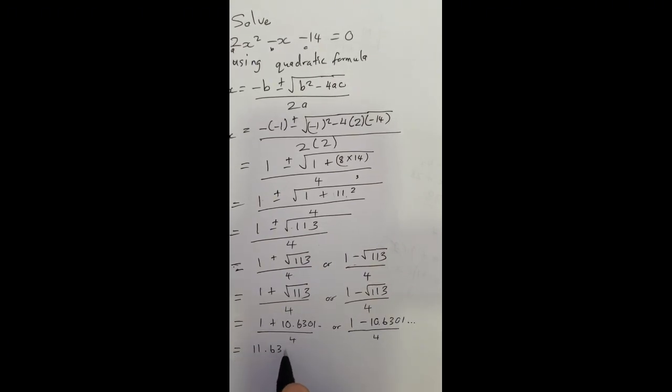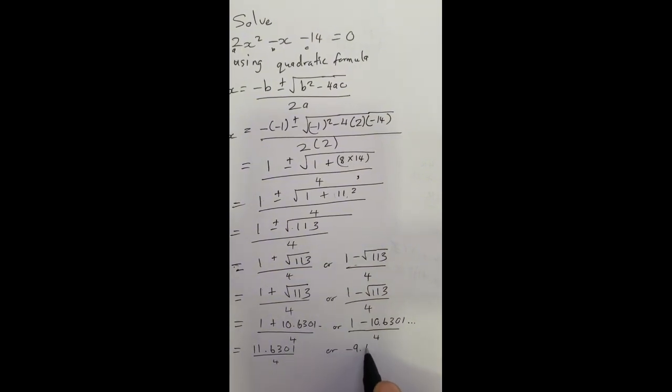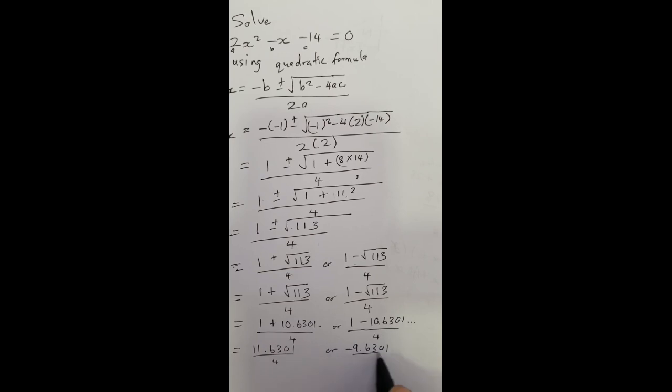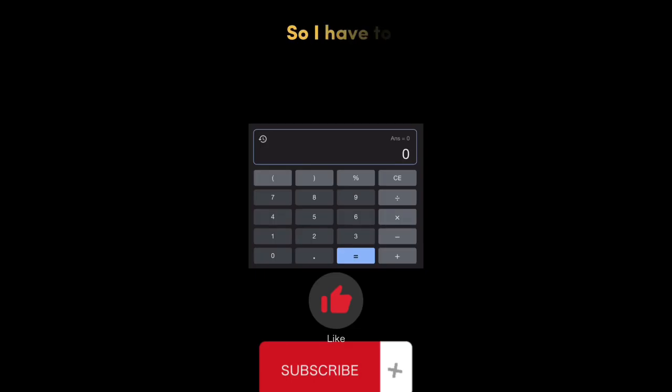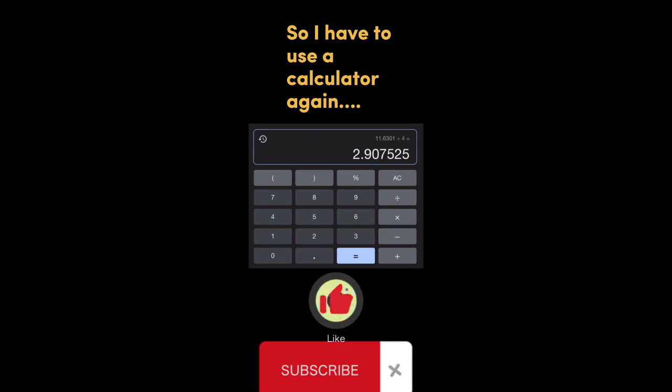This will lead us to 11.6301 over 4, or minus 9.6301 over 4. Now we only need to divide again. We're going to have to use a calculator. So I've gotten my values there.